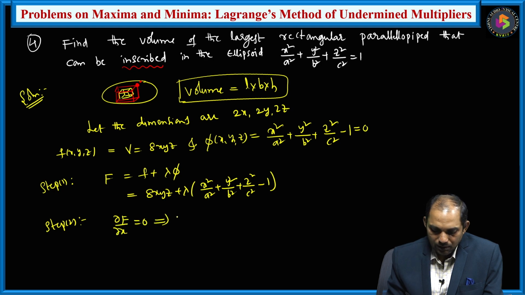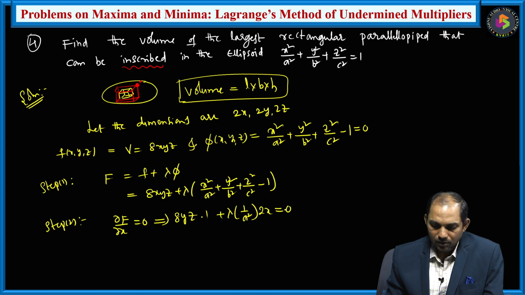When differentiating partially with respect to x, y and z are treated as constants. The derivative gives 8yz plus lambda times 1 by a square times 2x, put equal to 0. Taking 2 common, it will be 4yz plus lambda into x by a square equal to 0.